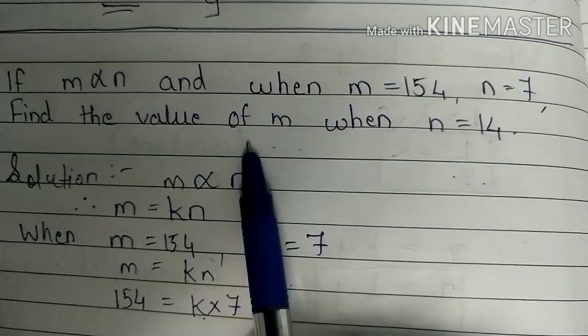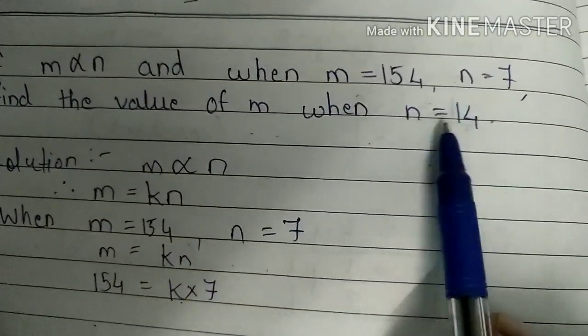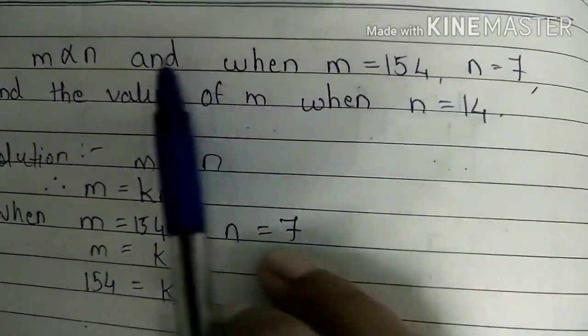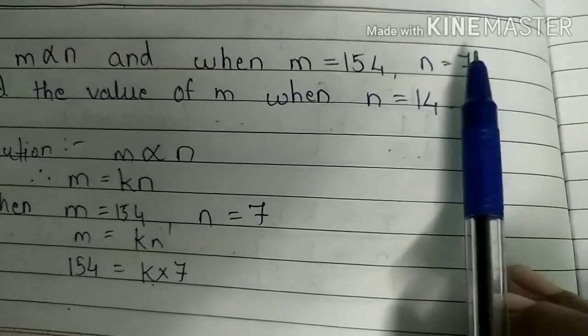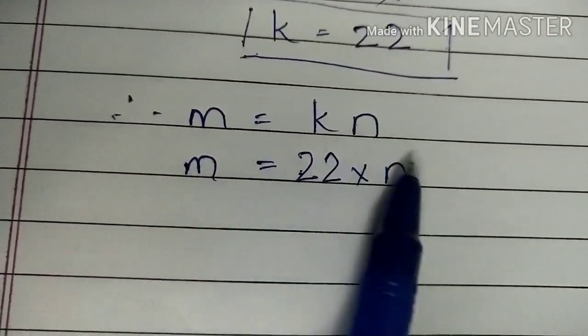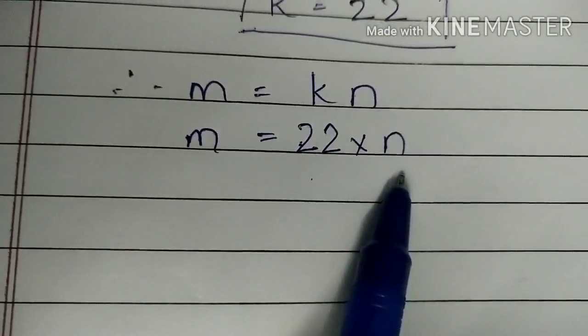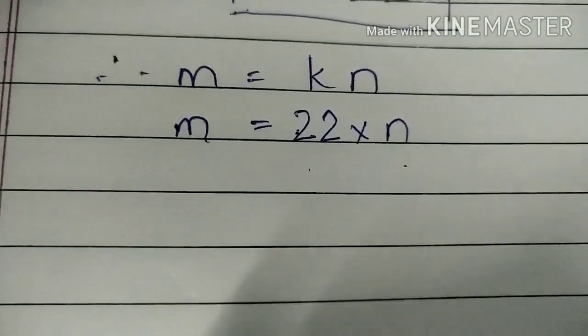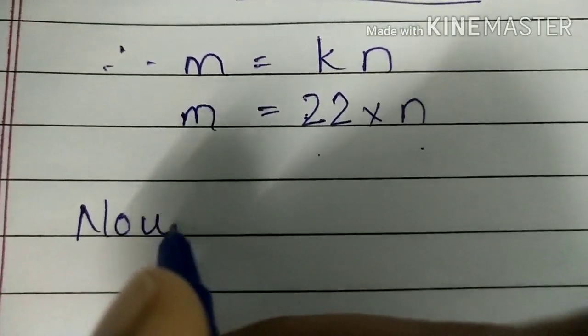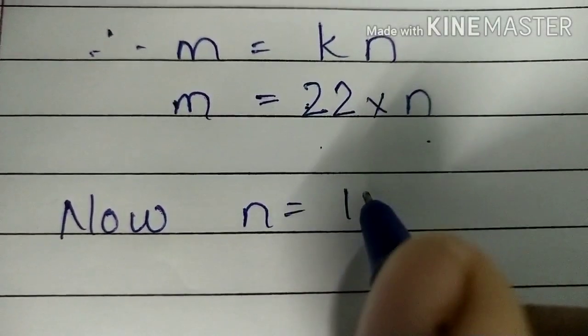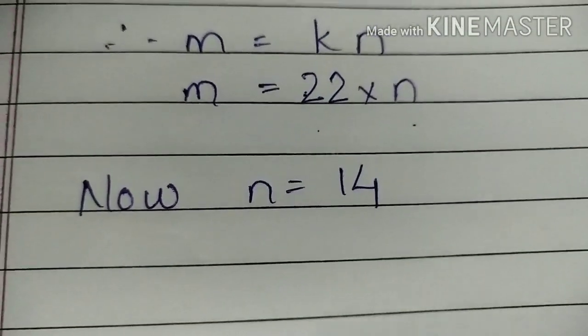Now what have they told? They have told to find the value of m when n is equal to 14. Using this we found out the k. Now using this equation we are going to find out m when n is equal to 14. So now n is equal to 14.